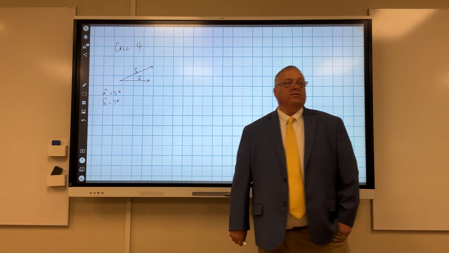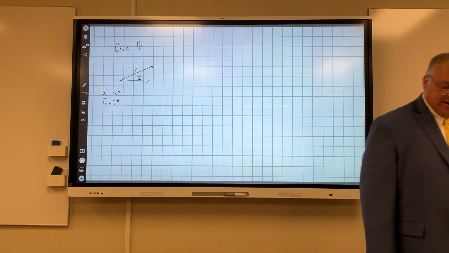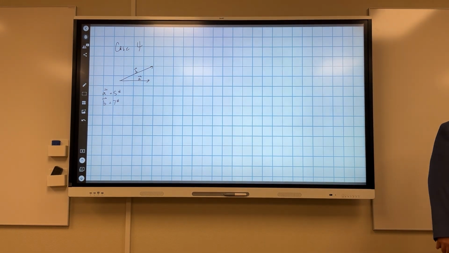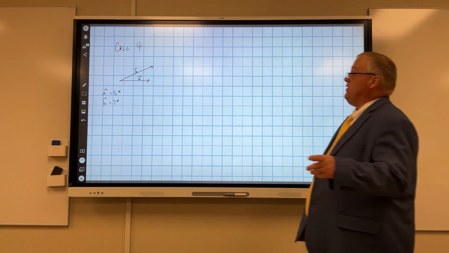We do 2 vectors, okay? But they're not at 90 degrees. They're not at 90 degrees. Could still do tip to tail, but be a little more difficult. We could do tip to tail.